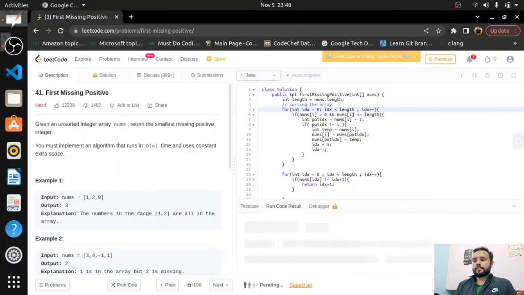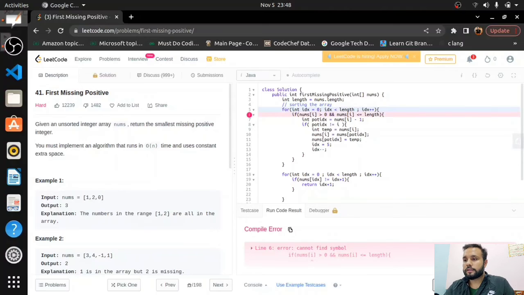Okay, that's it. Let's try to run. What is it saying, oh, I have used i, it's index. In the example we are repeatedly saying i, so that's why I wrote i here.